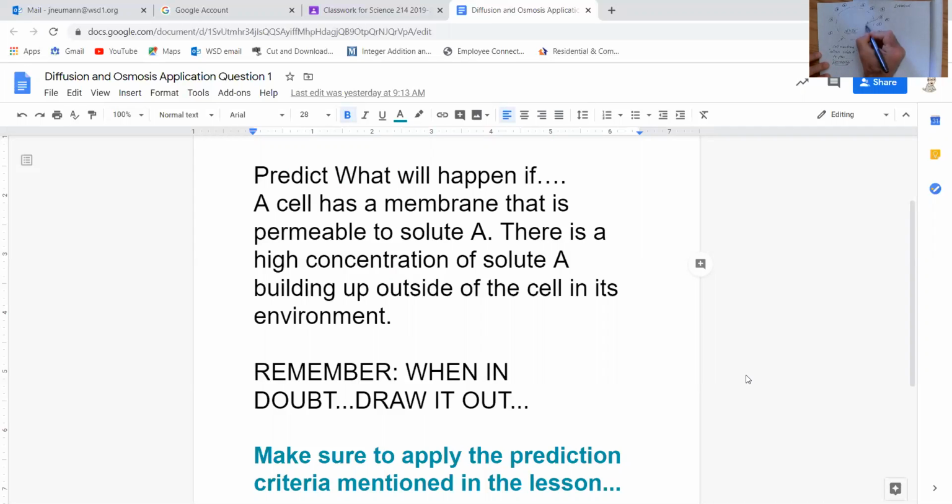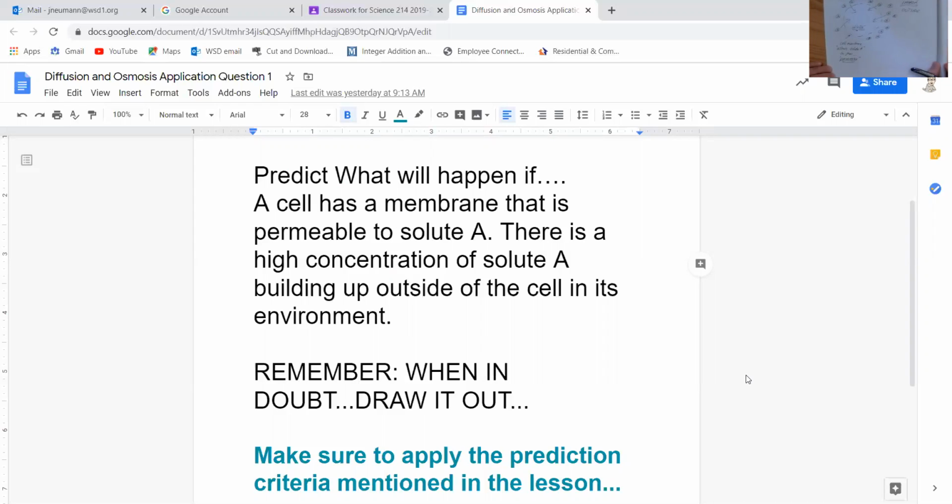So these solutes are going to rush in to balance out the concentration of solute A inside the cell compared to outside the cell in the environment. So what I drew at the very beginning was the picture of the situation, and this little arrow shows what's going to happen.